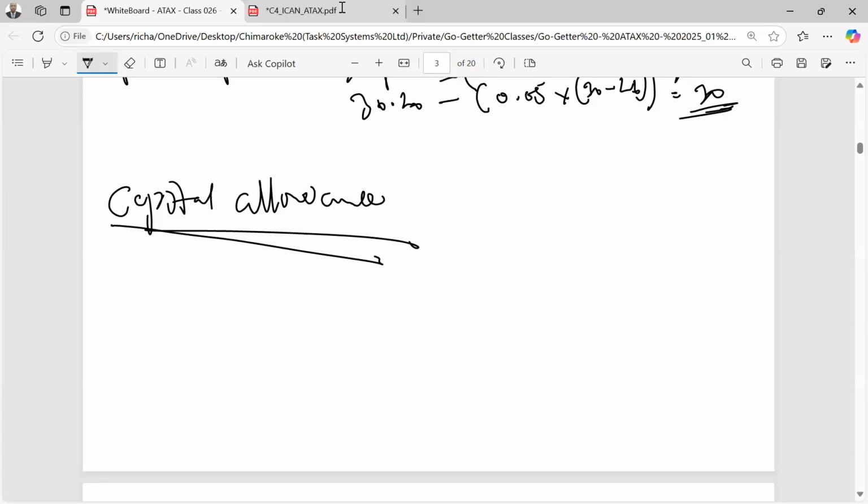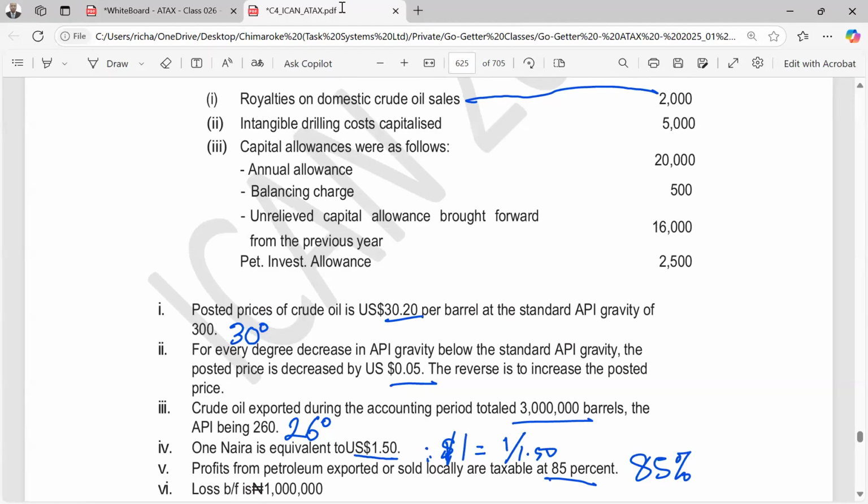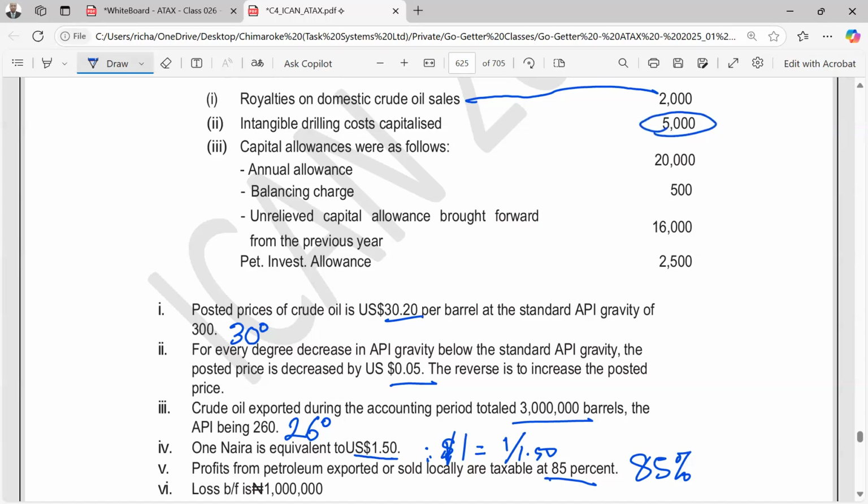We have intangible drilling costs capitalized. I think because of the word capitalized, it's not allowable. I will need to cross-check and verify if some books allow it or not, but because of the word capitalized, we didn't take that.